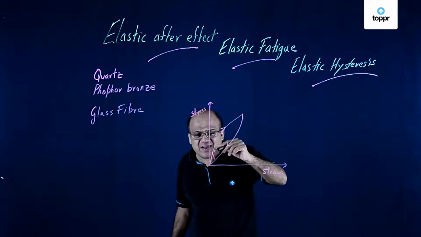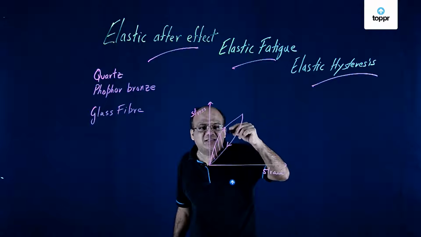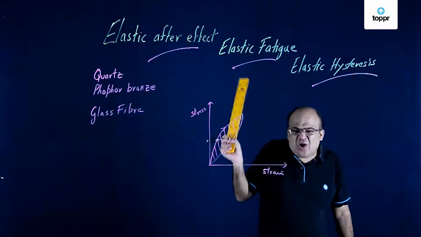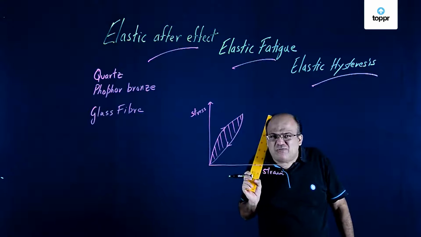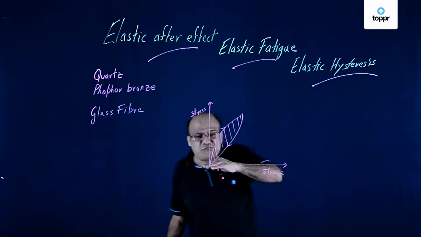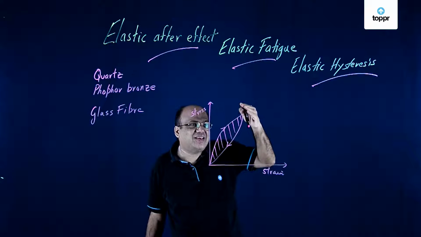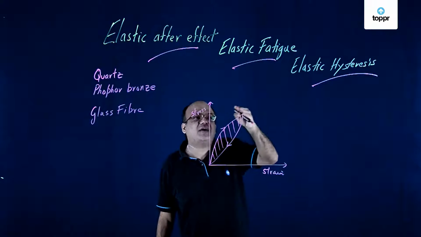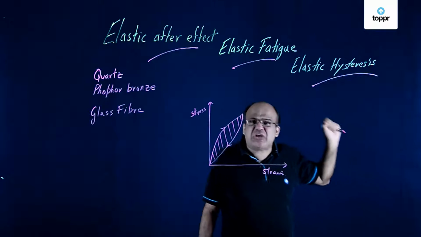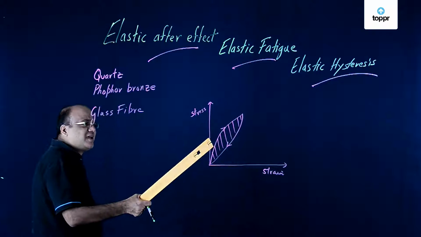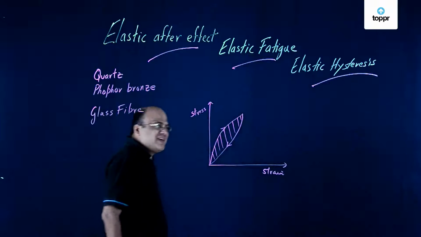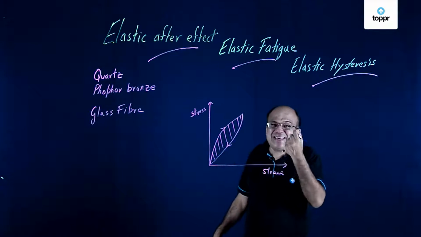And the area enclosed by this graph gives us the energy lost per unit volume in the loading unloading cycle. So you go from here, increase the strain, then decrease the strain. In one full cycle, whatever is the energy lost per unit volume is given by the area enclosed by this graph. Right? So this is what is elastic hysteresis.